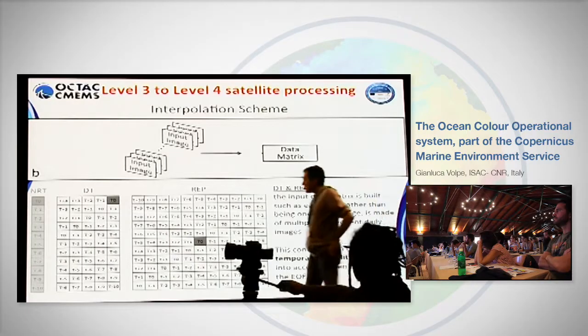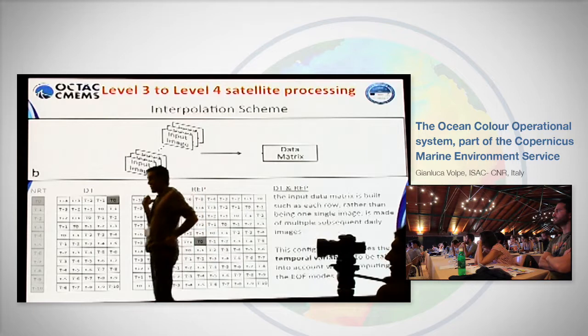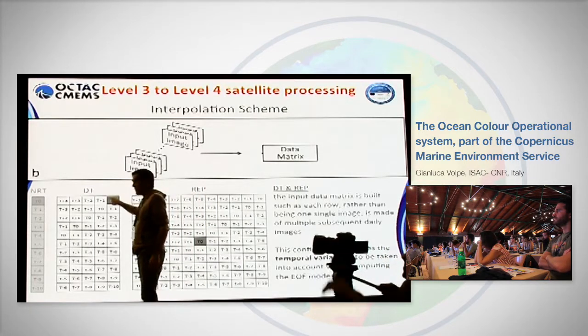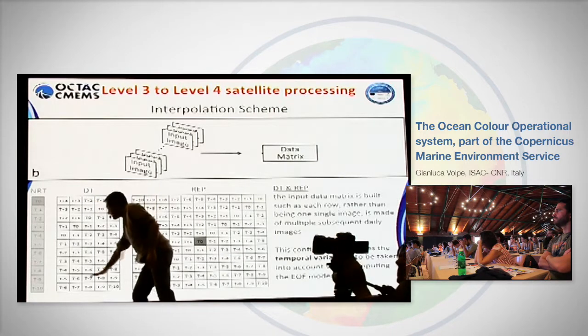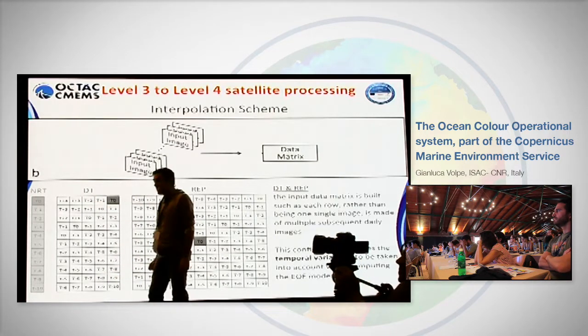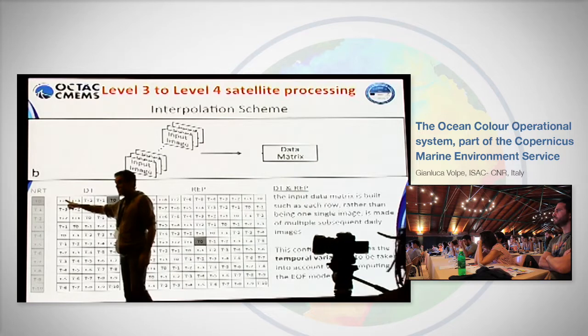Those images, those level 4, are from the delayed time processing. What I showed you, the level 3, is this one, but I use all the variability which is in here and in here, back to 10 days before, up to 4 days later, to build that image.